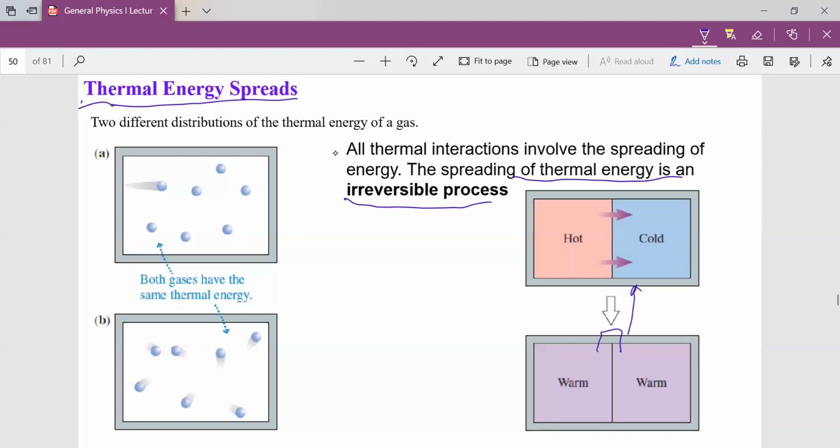All right. So for this part of the diagram that I want to use to describe the distribution of thermal energy in gases, we see this particular molecule has kinetic energy. Look at the others, they have little kinetic energy that is not noticed.